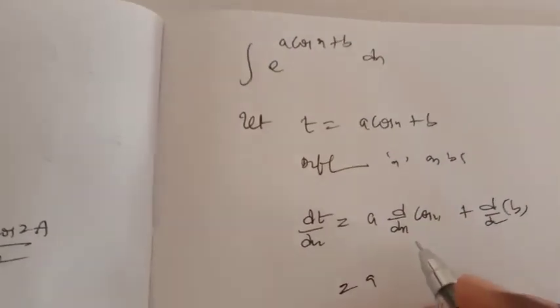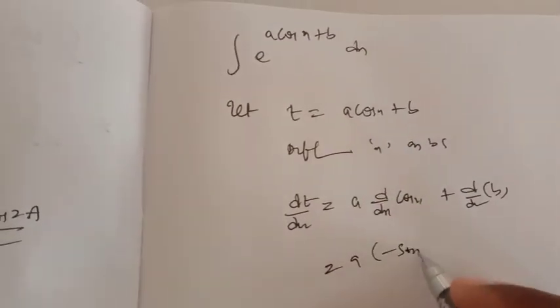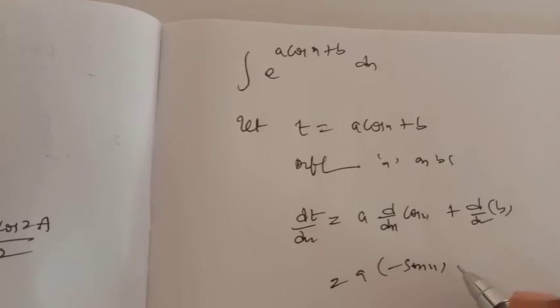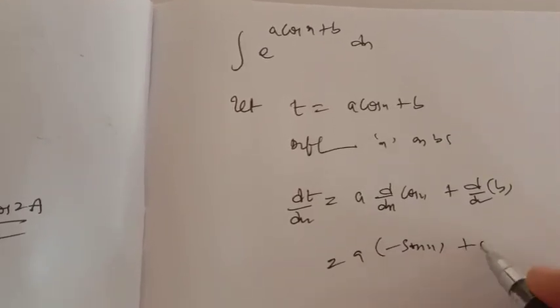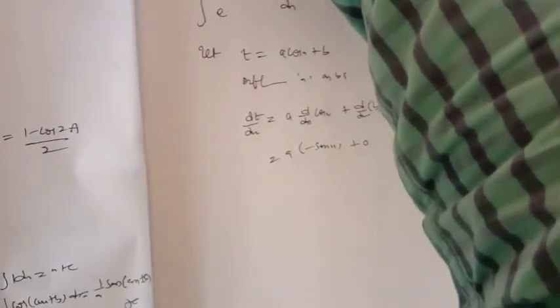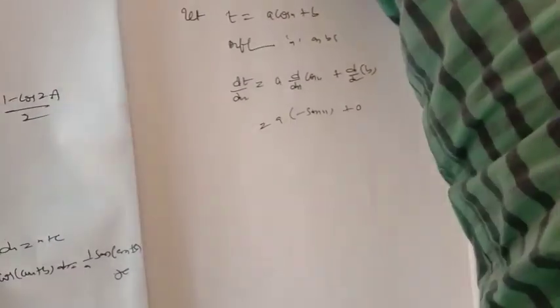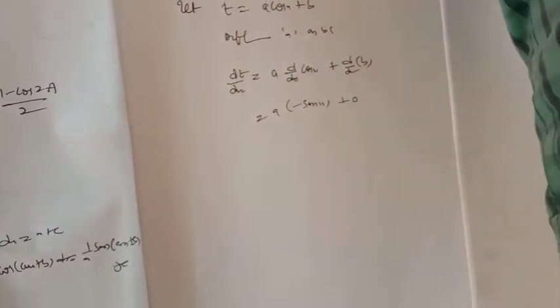Here we have d by dx of cos x equal to minus sin x, plus the derivative of constant term, which is 0.